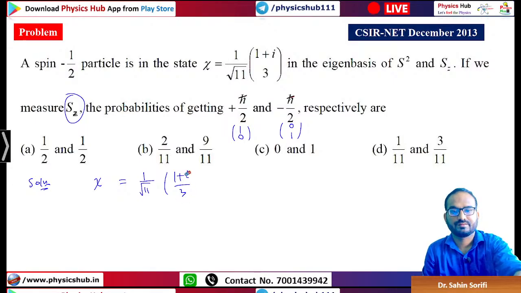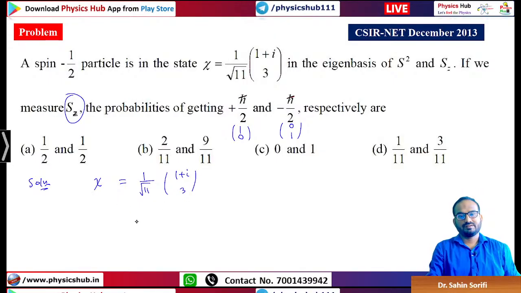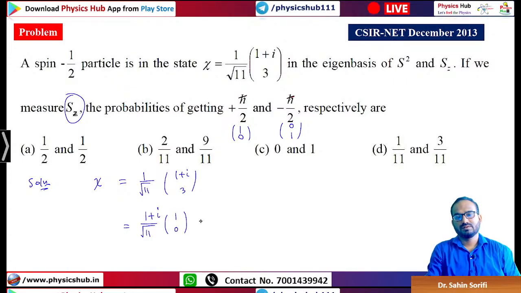Okay, it is 1 plus i by 3, na? So we can just write it in this way: 1 by root 11, (1 plus i) by root 11 times (1 0) plus 3 by root 11 times (0 1).